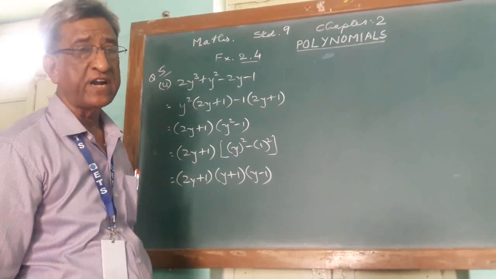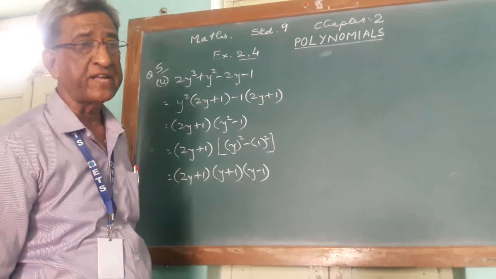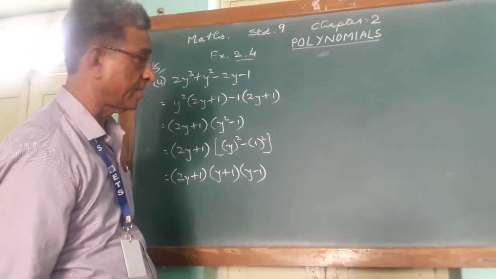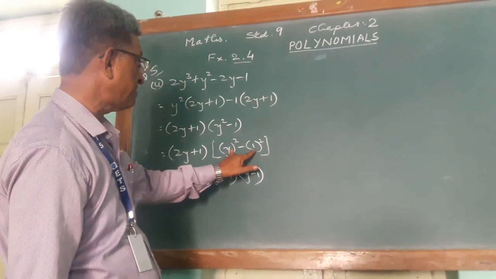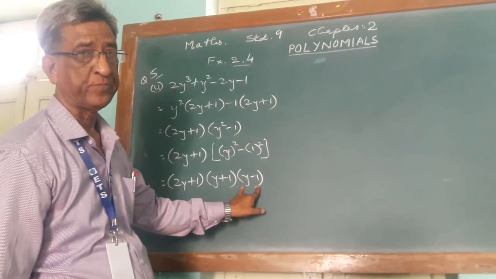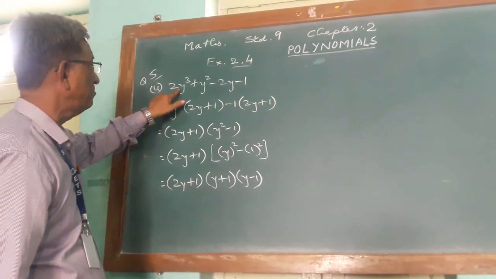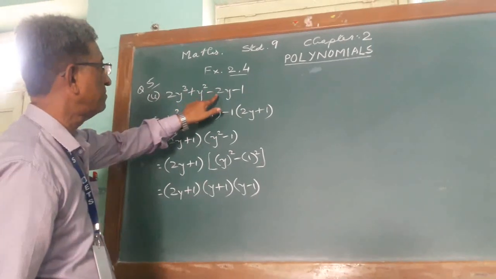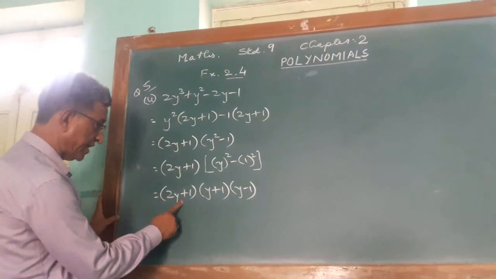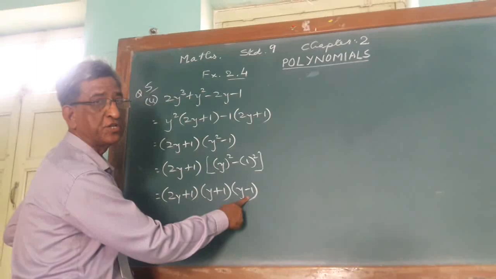Again you will use the formula a square minus b square gives you a plus b, a minus b. So y square minus 1 gives you y plus 1, y minus 1. So the factors of 2y cube plus y square minus 2y minus 1 are 2y plus 1, y plus 1, y minus 1. So this is the answer.